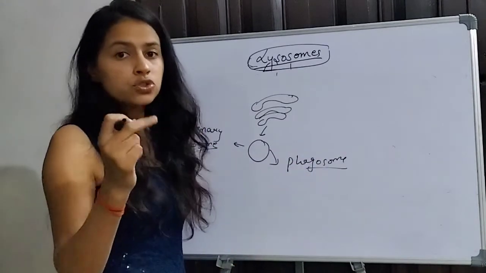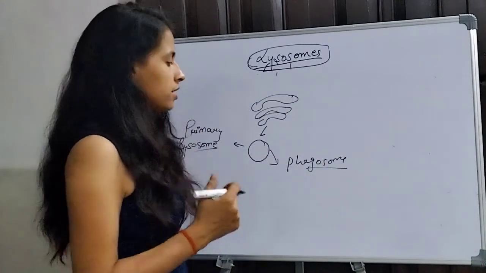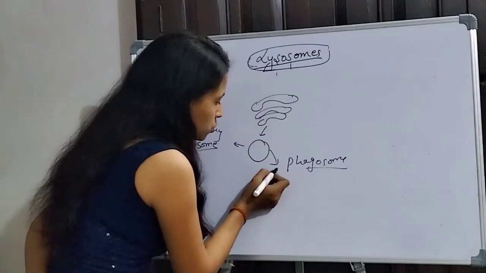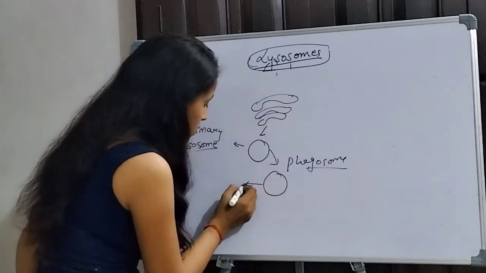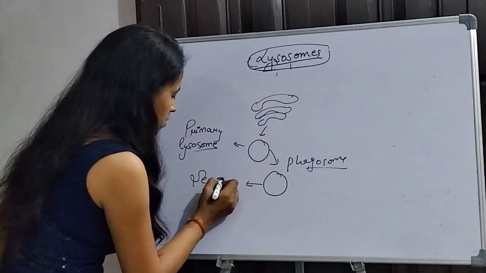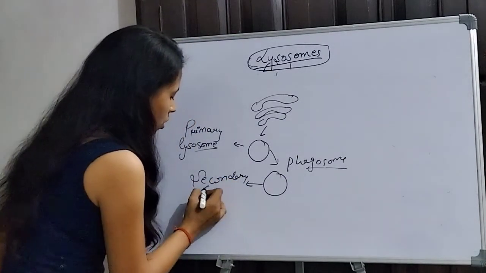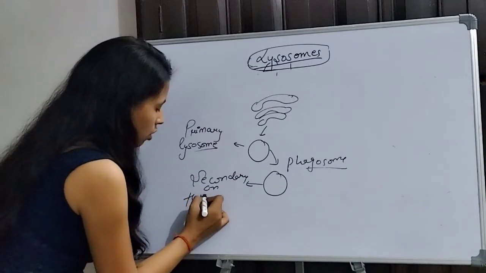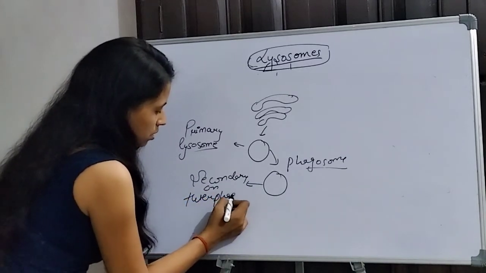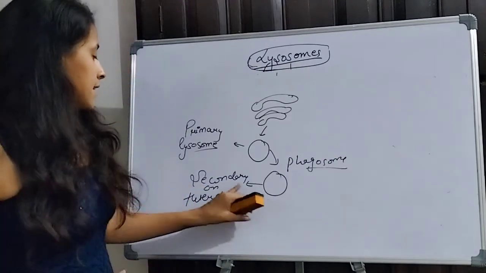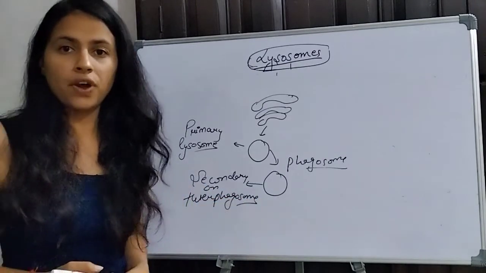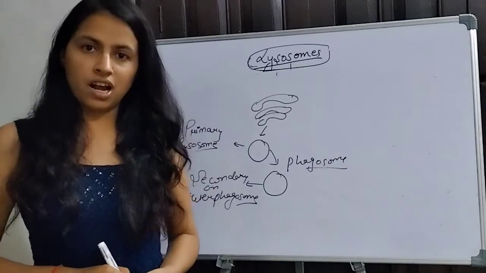Phagosomes contain solid food particles or solid substances. When they fuse with primary lysosomes, they form secondary lysosomes, or heterophagosomes. In these secondary lysosomes, digestion occurs.